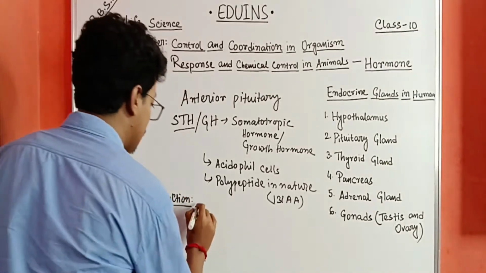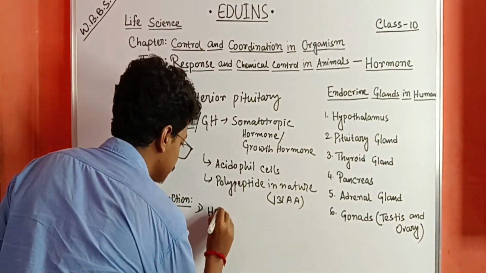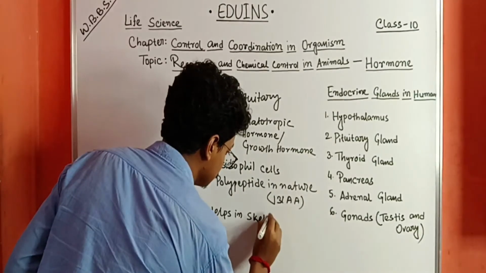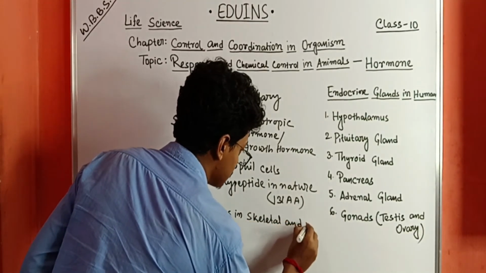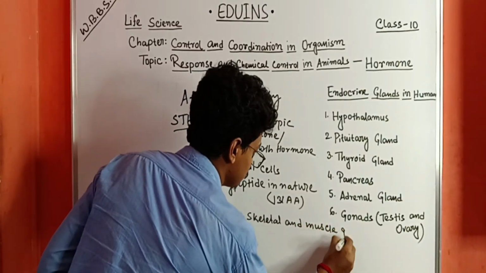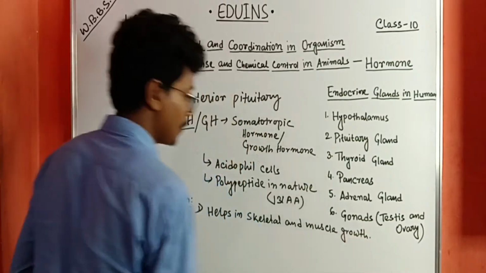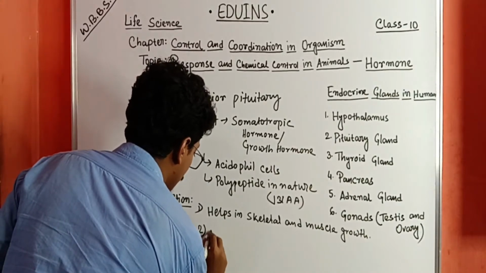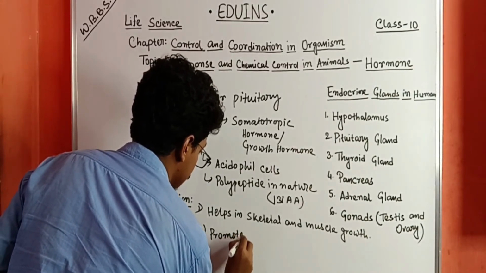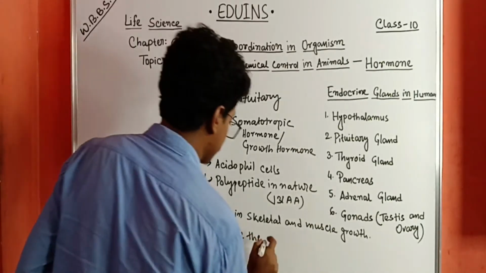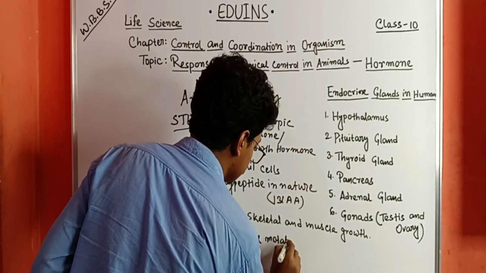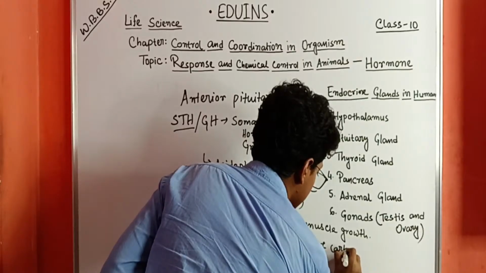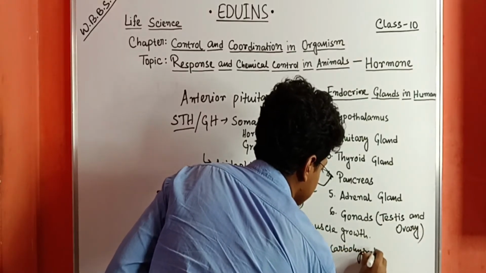So what is the function of STH or GH? Number 1, it helps in skeletal and muscle growth. Number 2, it promotes the metabolism of carbohydrate and fat.